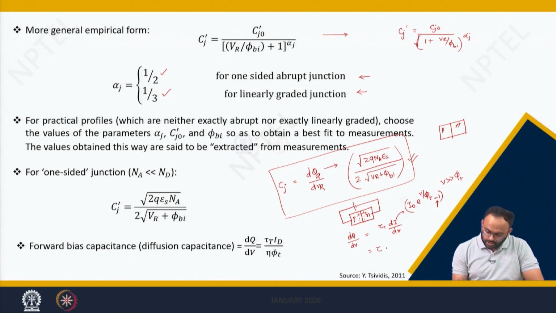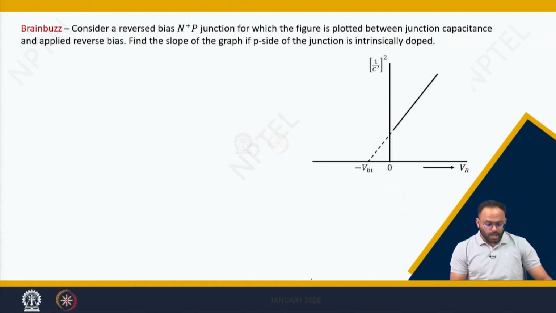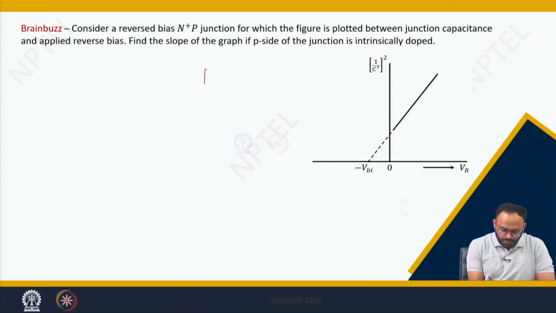So, this can be tau t into I naught e to the power of v by phi t divided by eta into phi t. Let us consider eta as the non-ideality factor. So, ultimately C will be tau t, the transit time, into ID, the diode current, into eta by phi t. Correct?